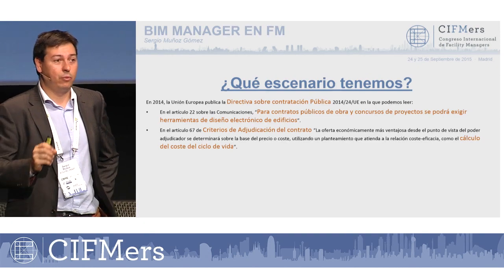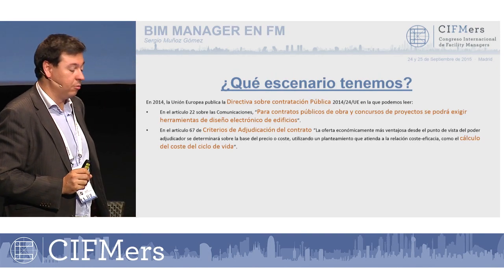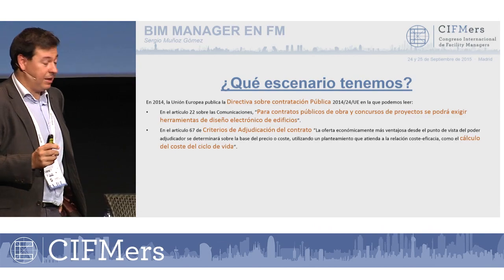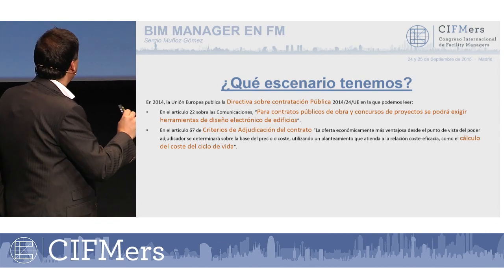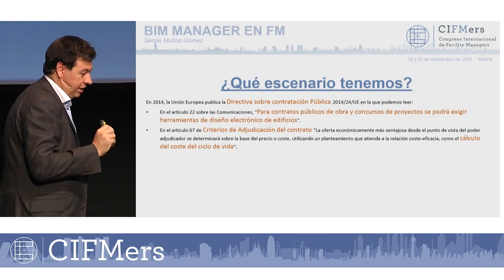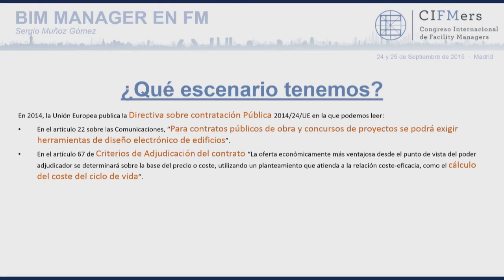In 2014, the European Union published a directive on public contracts, and I'm mentioning here only 2 articles, 2 of those that are relevant. Article 22 says that for public contracts, public works, we need for the project the use of electronic tools. BIM methodology is an example.